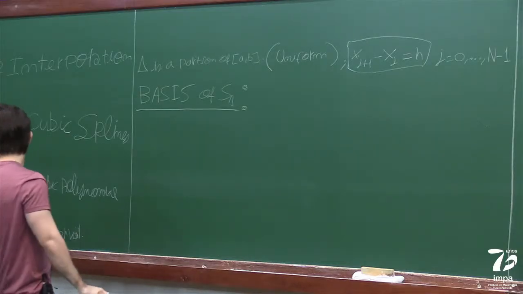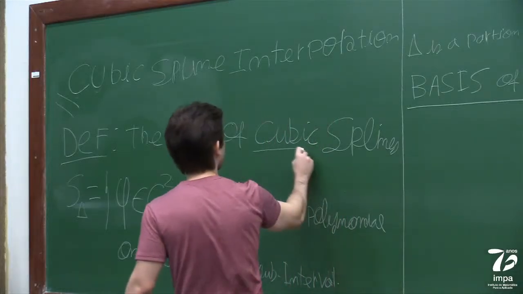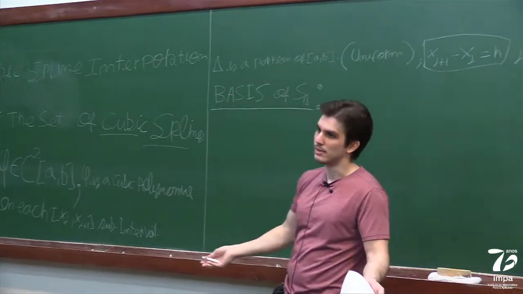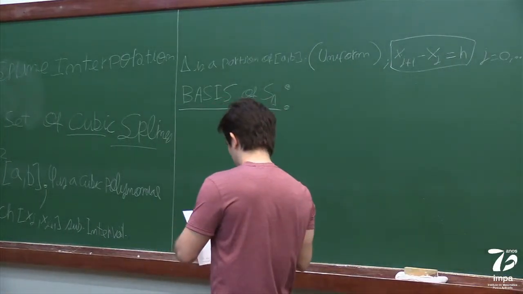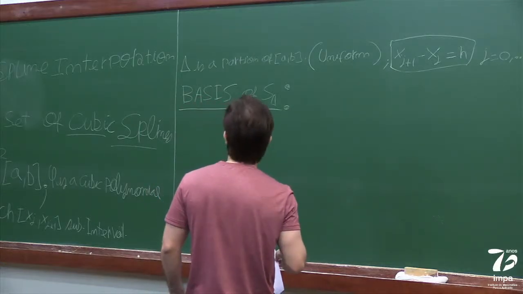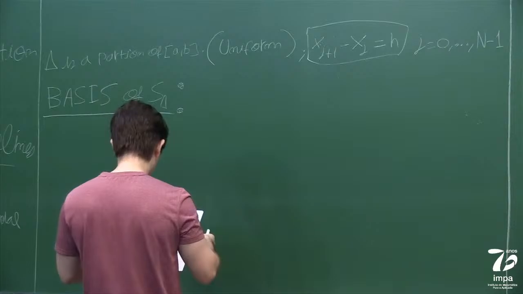So the elements of S delta are called cubic splines. All right, so this is obvious from the definition. And the elements of the basis, we call them B-splines. All right. So let's show what are such elements which we call B-splines, right?